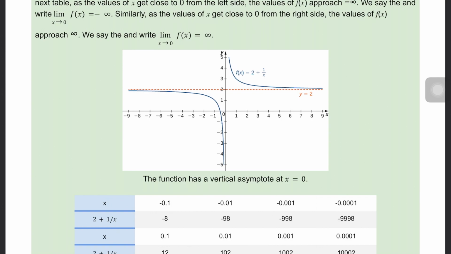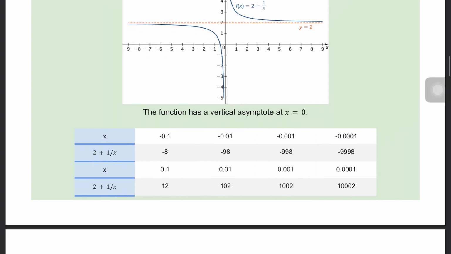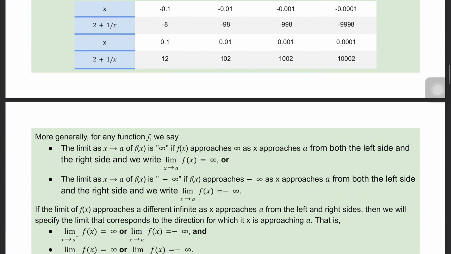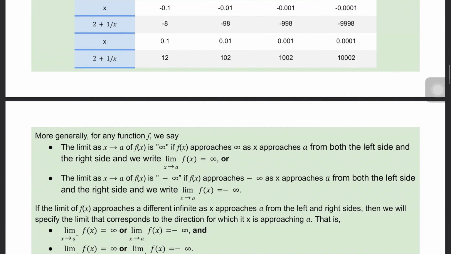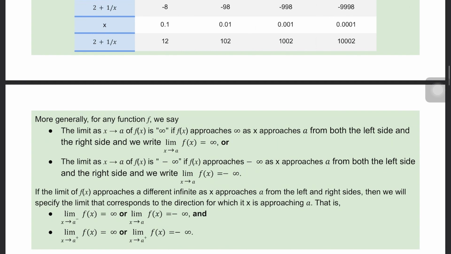So this is going to be considered a vertical asymptote, but we have to be careful, because in this case they're not approaching the same infinity. So we have to generalize the proper way to describe this behavior.